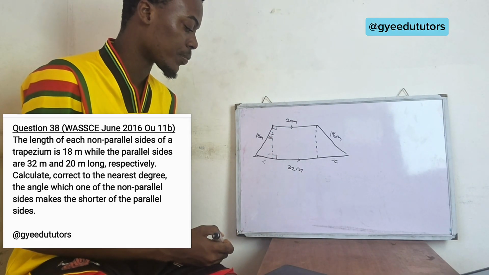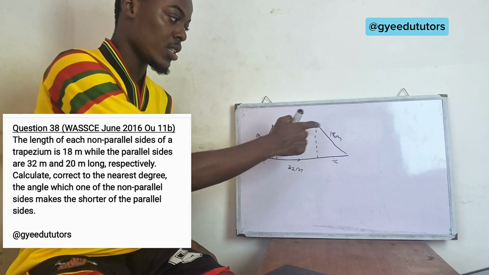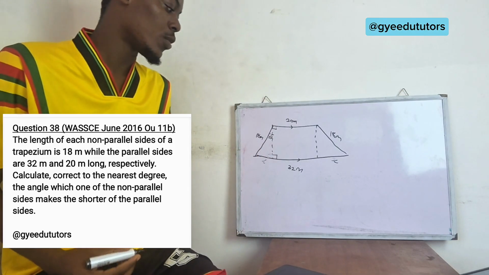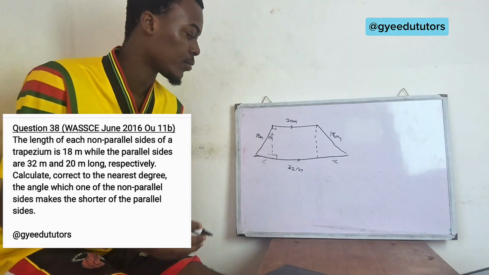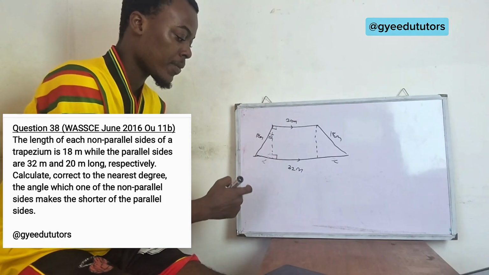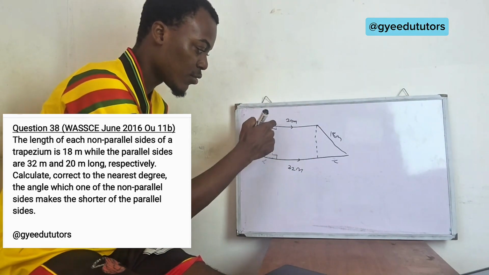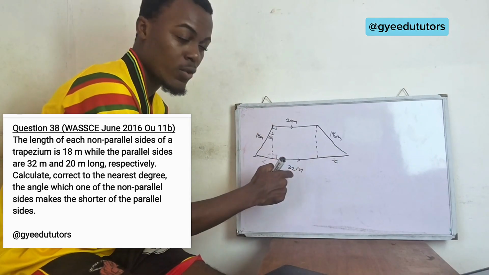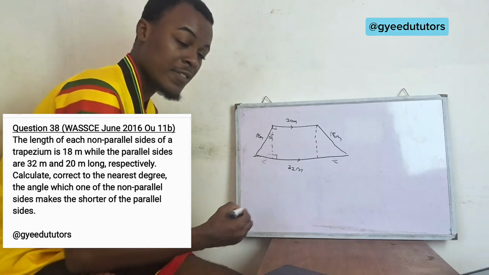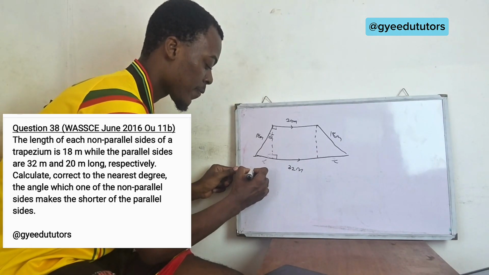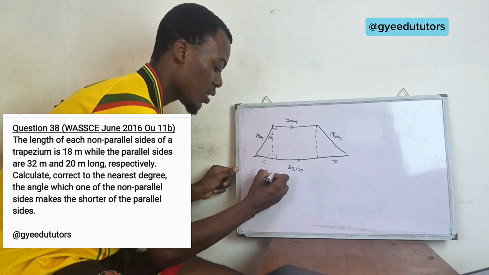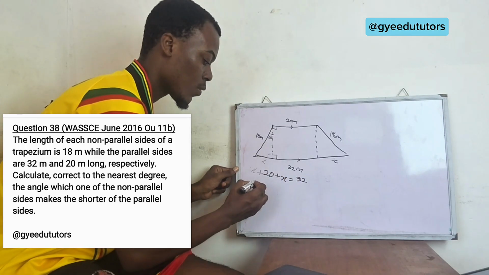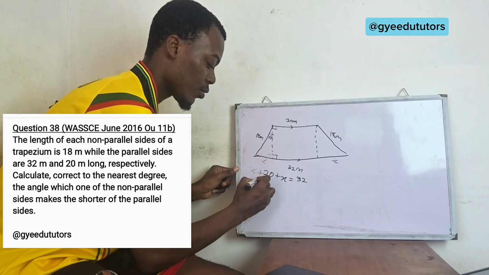This side is 32, this side is 20, and this side is 18. To find x, the line here is the same as the line here, so x plus 20 plus x gives you 32. So x plus 20 plus x equals 32. x plus x is 2x.